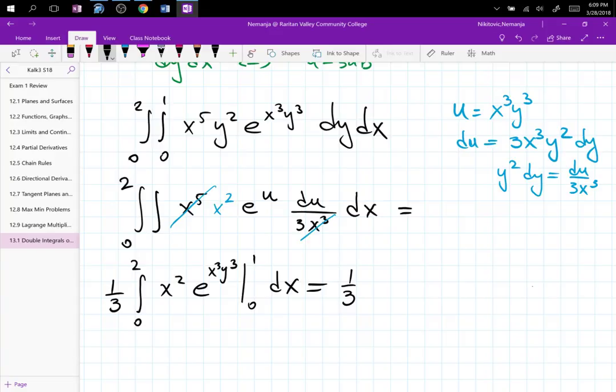So I have 1/3 integral 0 to 2. I plug in 1 for y, I get x squared e to the x cubed, and then when I plug in 0 for y, I get -1, and I still have dx.